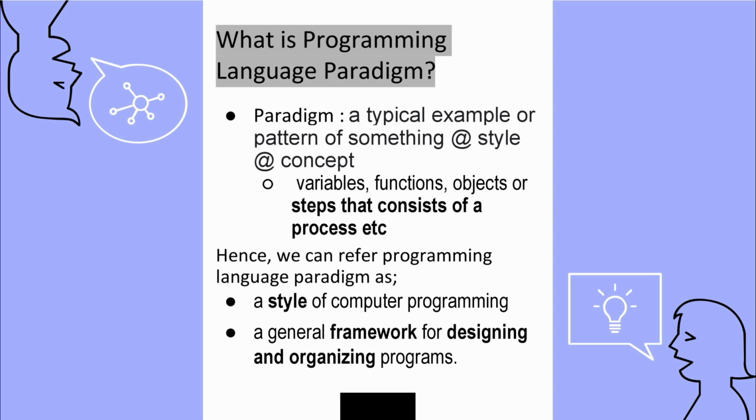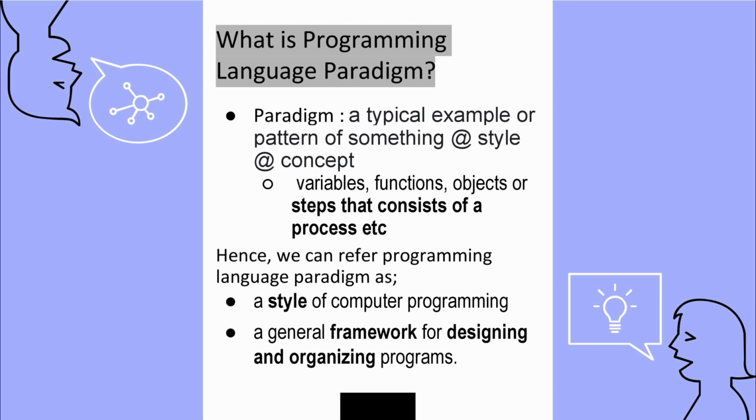Okay, so paradigm actually means a typical example of or pattern of something ataupun a style, a concept. So when we talk about paradigm, we actually referring to the pattern, concept, style.